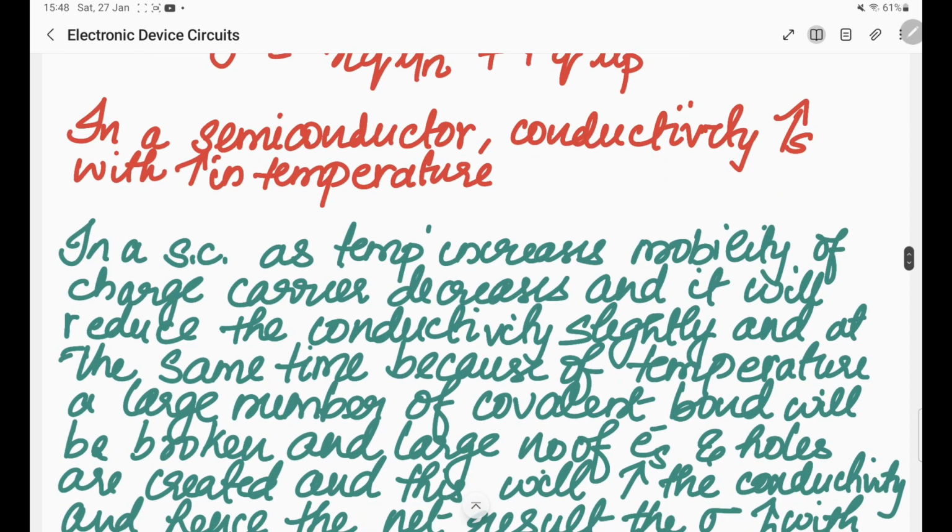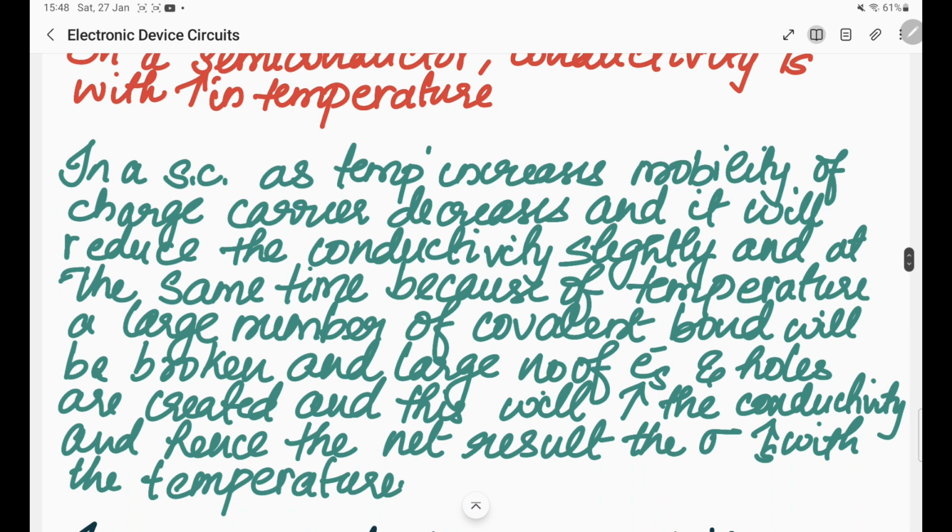In a semiconductor, as temperature increases, the mobility of charge carriers decreases, like in metals, and it will reduce the conductivity slightly. But at the same time, because of the temperature, a large number of covalent bonds will be broken. You will learn about covalent bonds later.